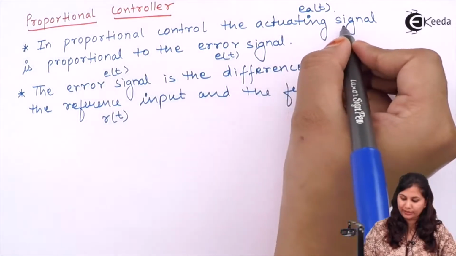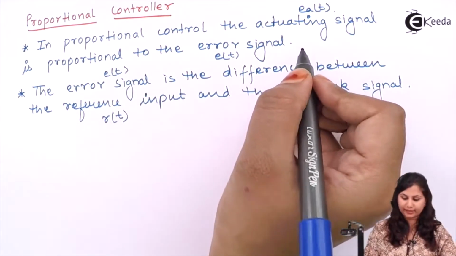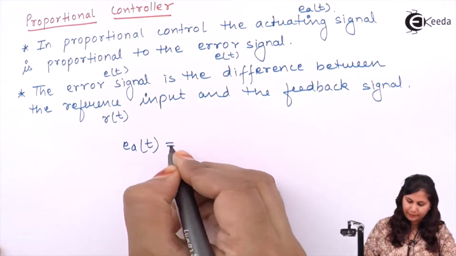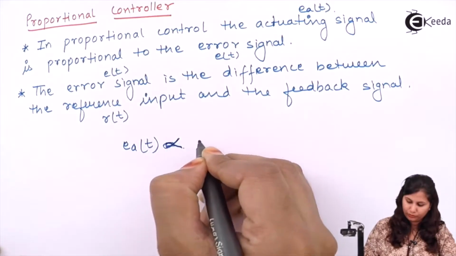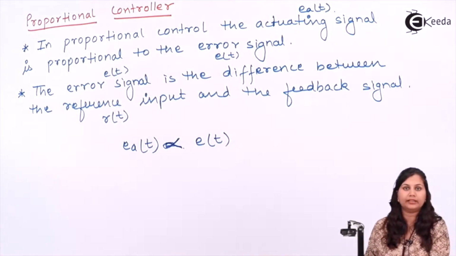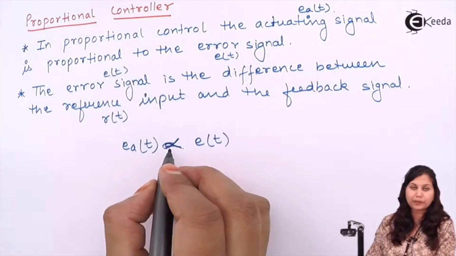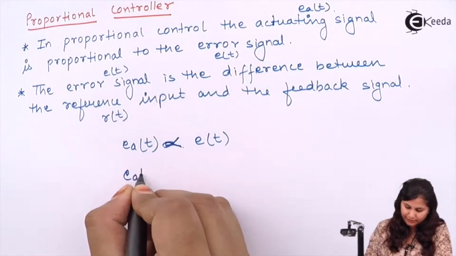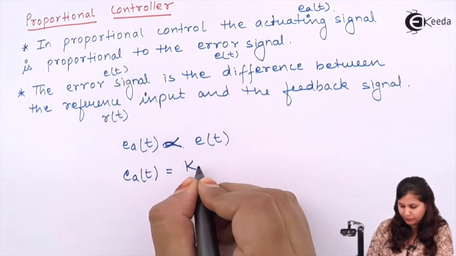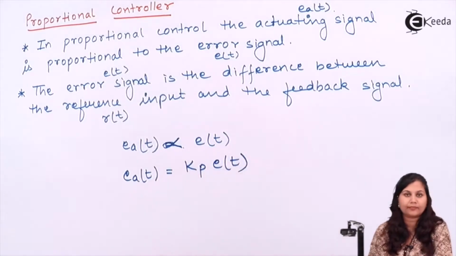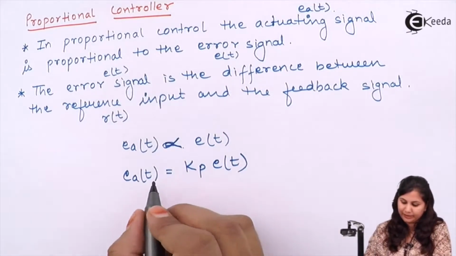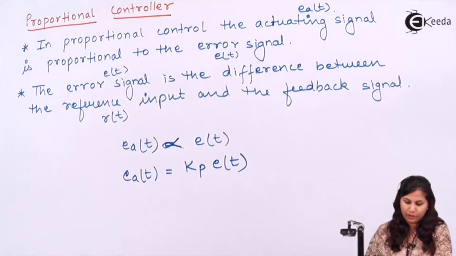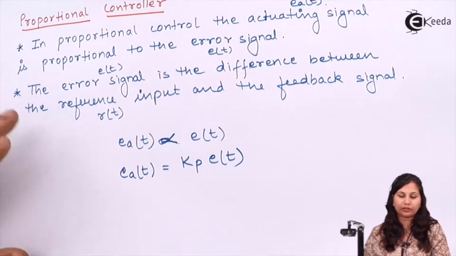So this actuating signal is proportional to the error signal, so we can write that ea(t) is proportional to the error signal e(t). Now if we remove this proportionality sign, then we introduce a constant, so ea(t) equals Kp e(t). That means the actuating signal is proportional to the error signal. This is what the proportional controller does.